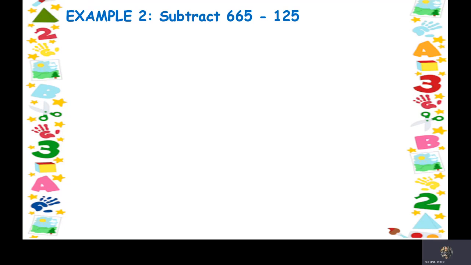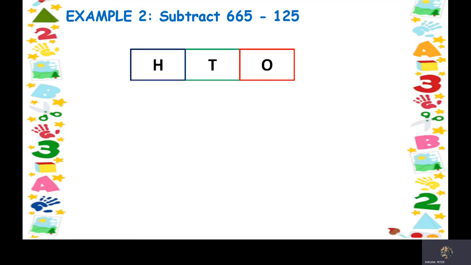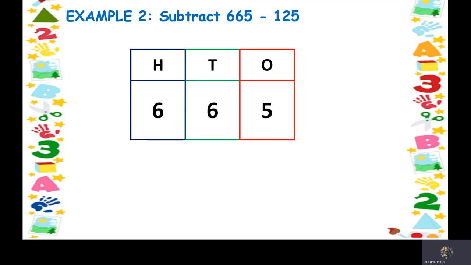Let's take example number 2. Here you have to subtract 665 minus 125. Start writing the place value, ones, tens and hundreds. Then write the numbers in the boxes, 5, 6 and again 6.